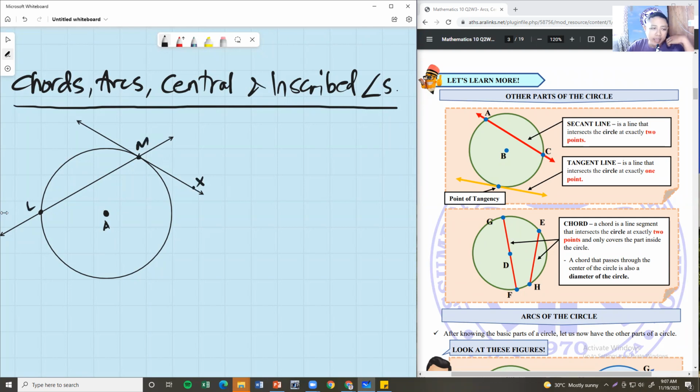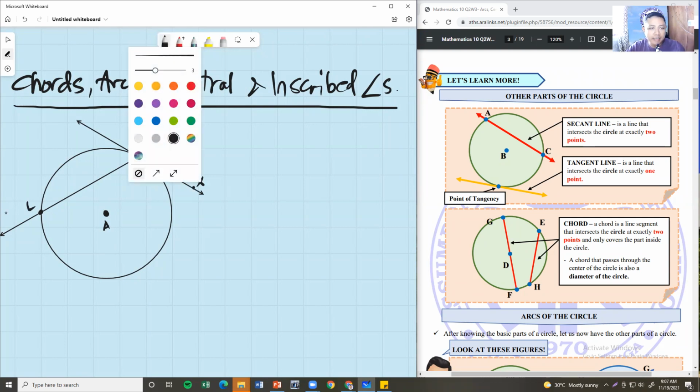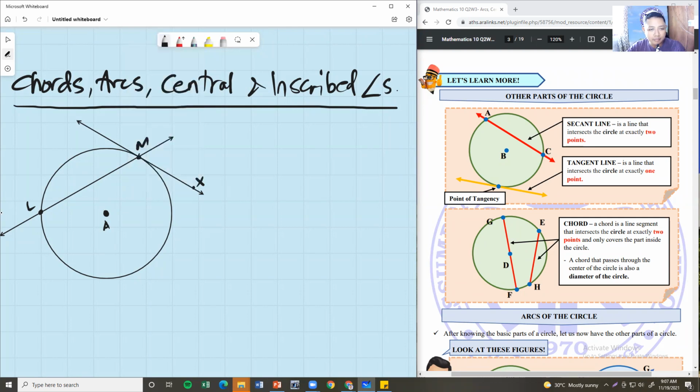If line LM is a secant, what is line segment LM?